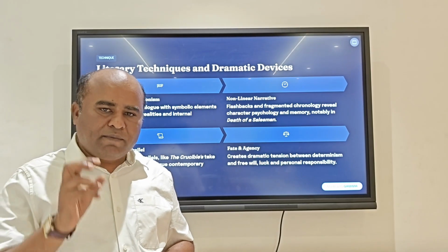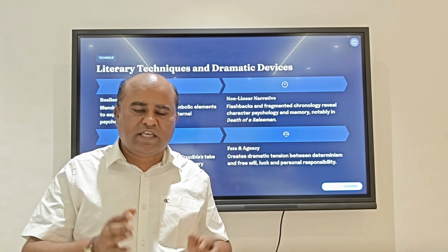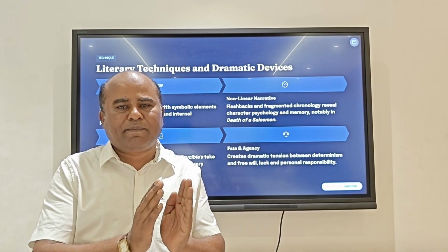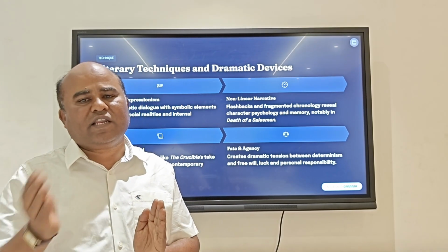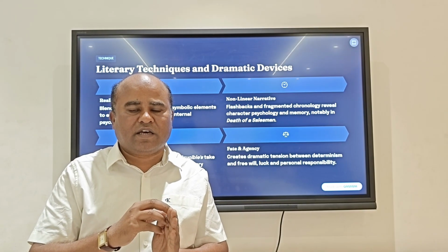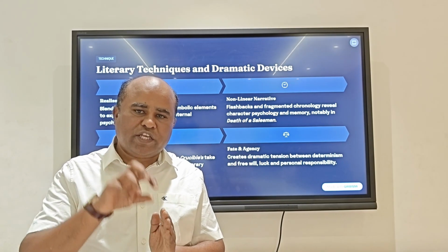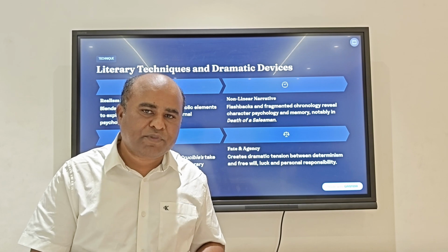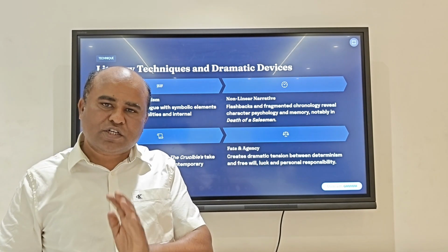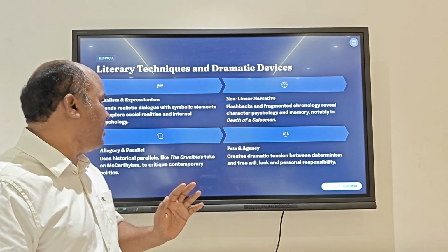So Miller becomes very important because he blends these two very important things. He brings in the element of realism and he brings in the element of inner reality or psychological realism also. And in order to explore that psychological realism, he has to make use of expressionism, and that is why Miller is such a brilliant playwright.